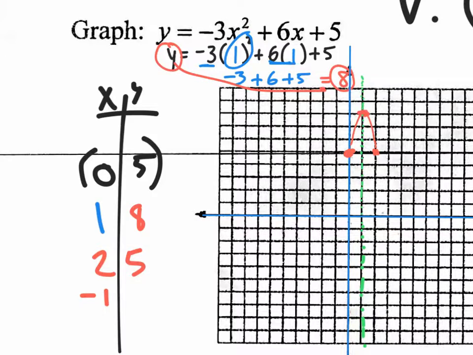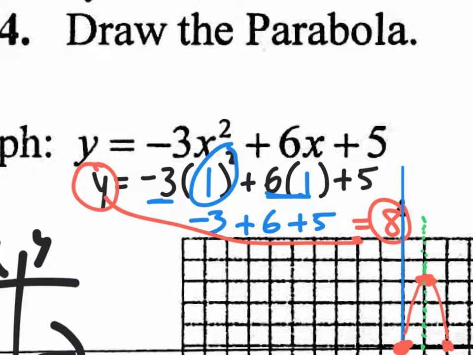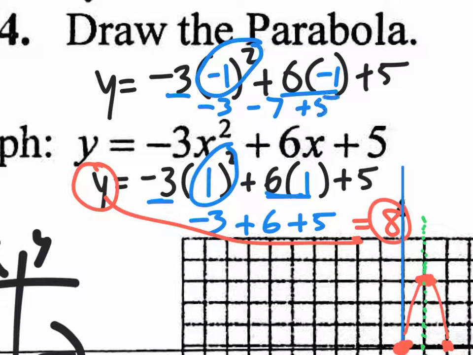And let me zoom in to the actual function up here, and let me rewrite it, but instead of x's, put parentheses, and I'm going to put a -1 in there. So there's my function. Let me plug in a -1 right in there. And if I do this correctly, -1 squared, that's +1, and -3 times +1 is -3, and 6 times -1 is -6, and the +5 just comes down.